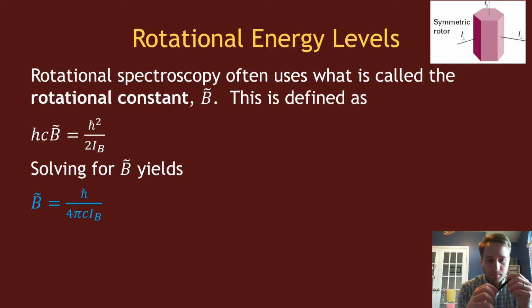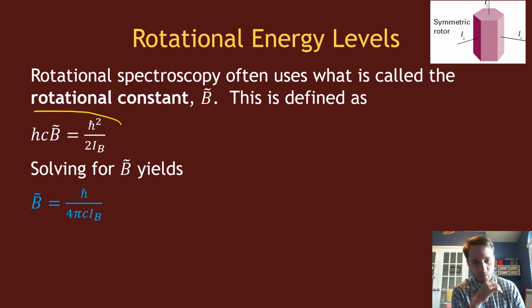Well, now, before we go on to talking about linear rotors and spherically symmetric rotors, I want to talk about the fact that often in rotational spectra, we're going to define a quantity, this rotational constant, which is defined as such.